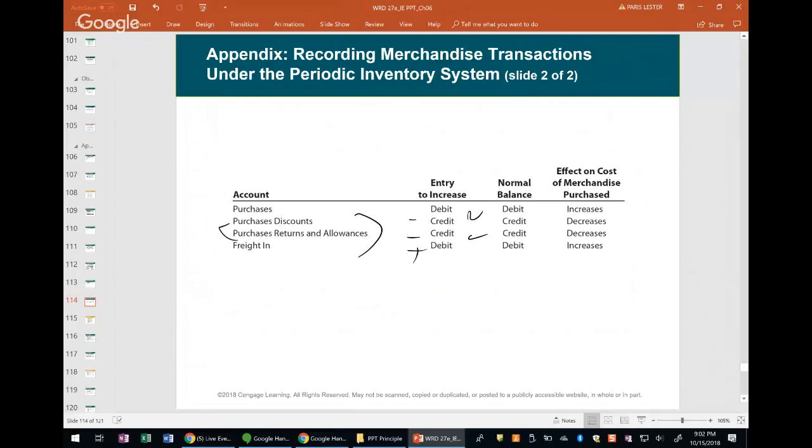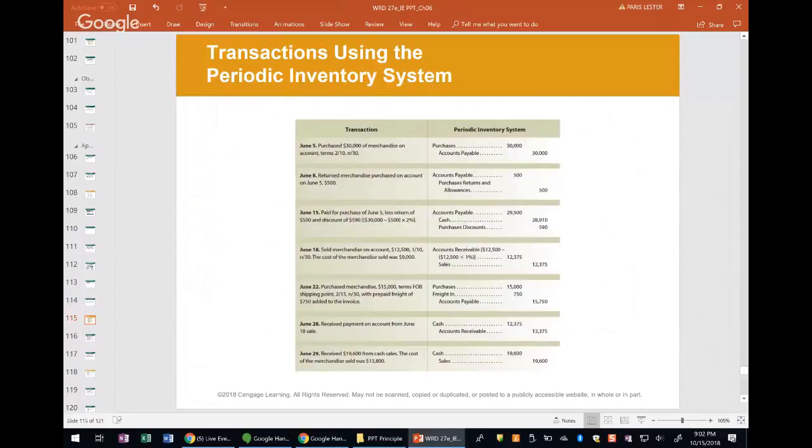That's the one method we used to stick with until computers came about. Computers enable all companies of any reason or nature to use the perpetual system to keep up with inventory. And of course, that's probably a good database program that most of these companies use to keep up with inventory. Well, here's some transactions.